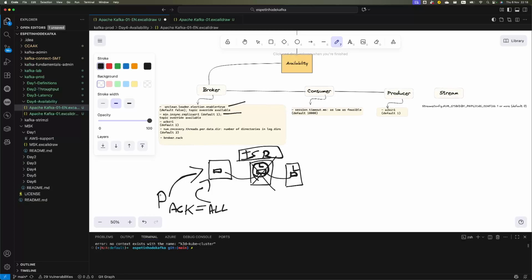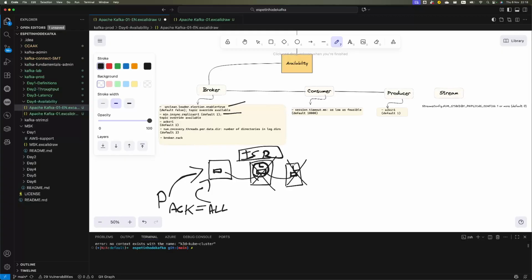So basically this is the configuration, because remember, again, availability is what we need to care about here. If you have min.insync.replicas equal to 2 and two brokers go down, the producer will try to produce messages to the leader, but there is no other replica, so you start to see problems and the producer cannot produce more, because there are not enough replicas.